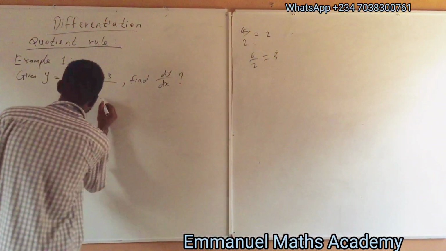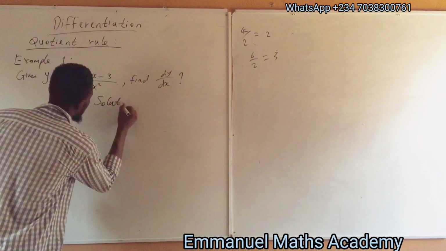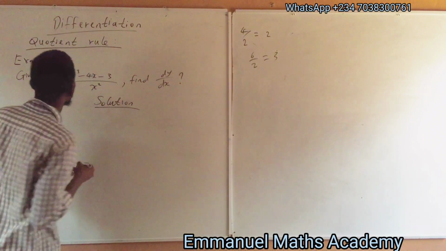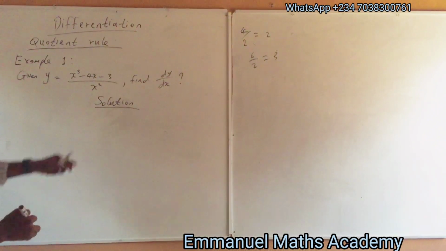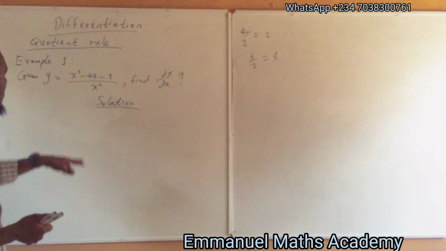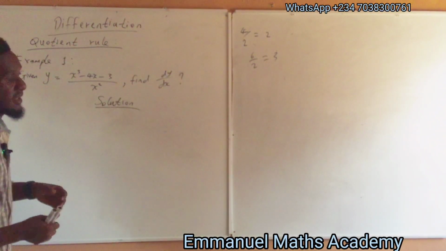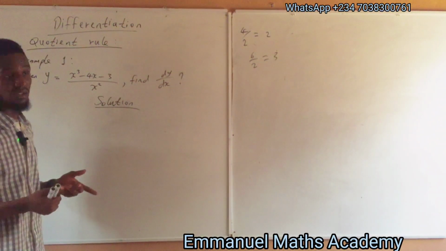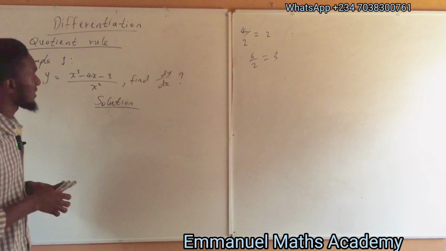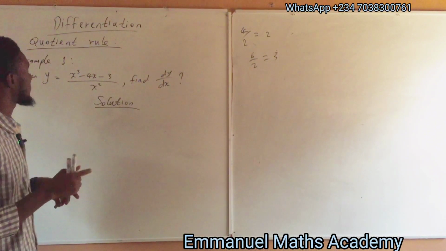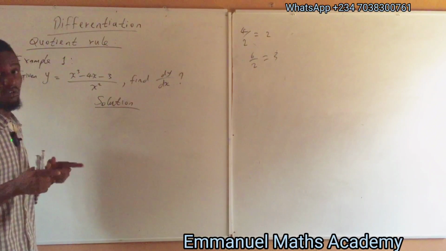Solution. Now given this, what's the formula for the quotient rule? You said that in the quotient rule of differentiation, given that u and v are differentiable functions of x, here you have that f of x is equal to u over v.